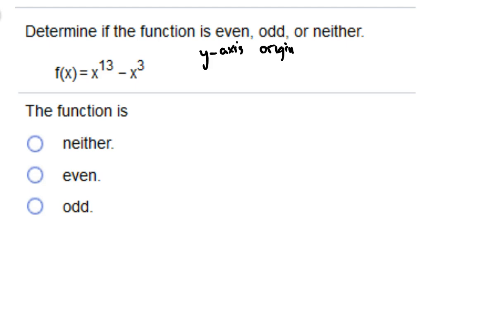We have a symbolic way that we can represent this, and that is that f of negative x equals f of x. So this is a symbolic representation of what y-axis symmetry would be.